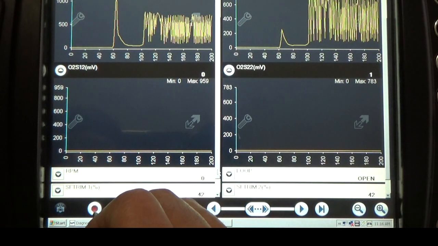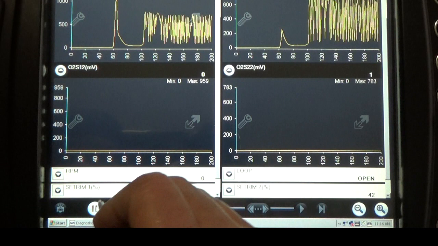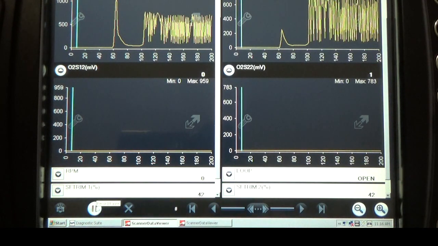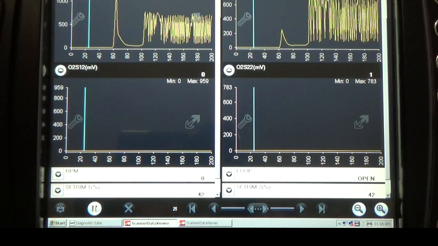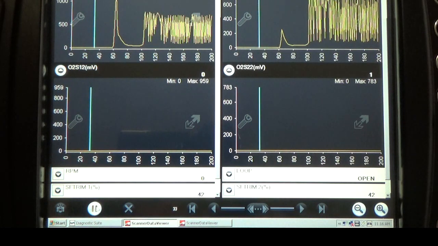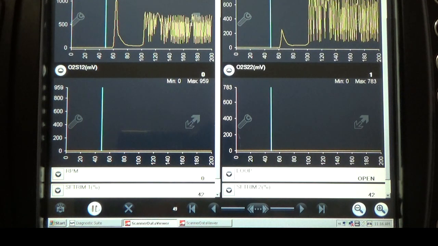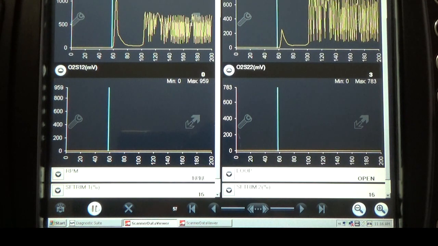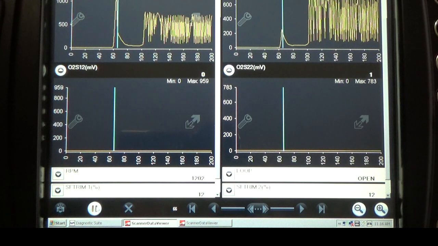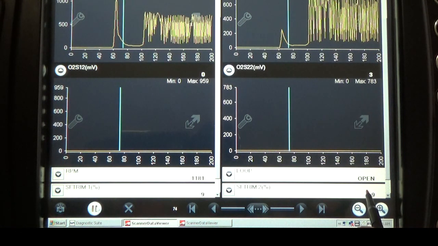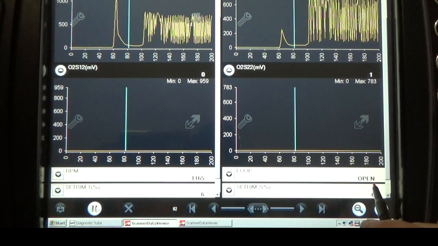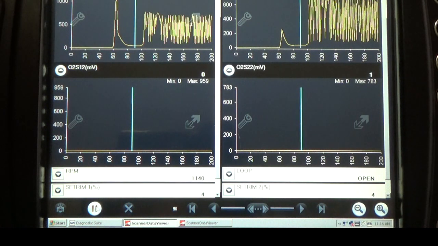Okay, so see when it goes to closed loop.